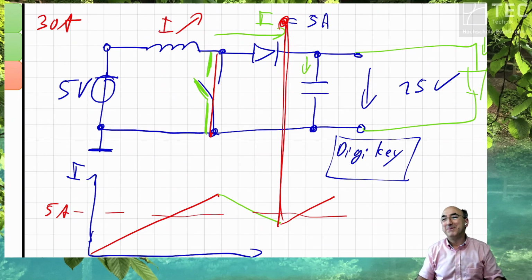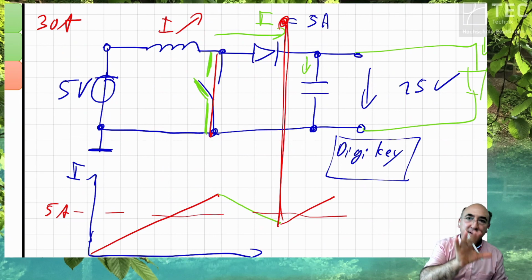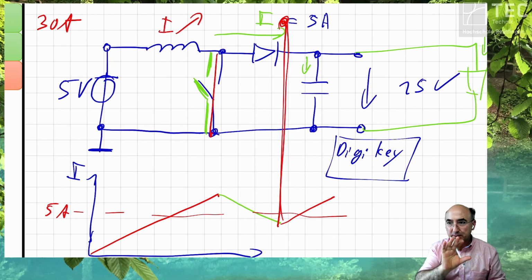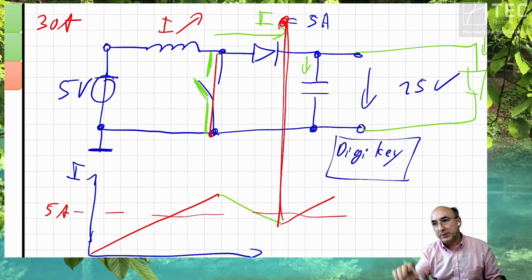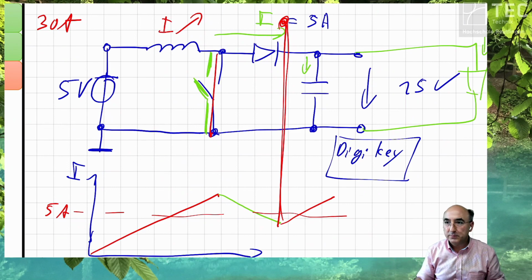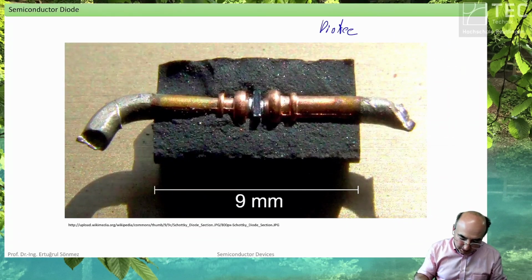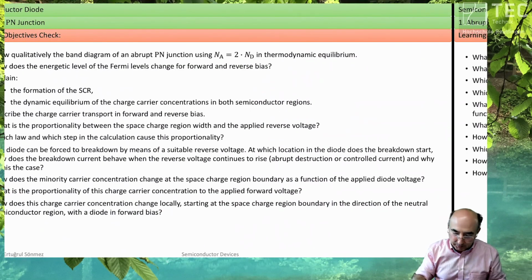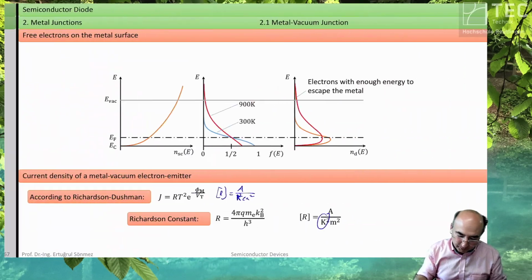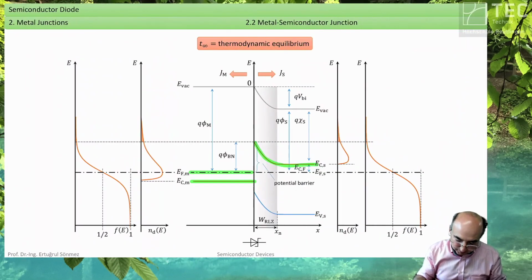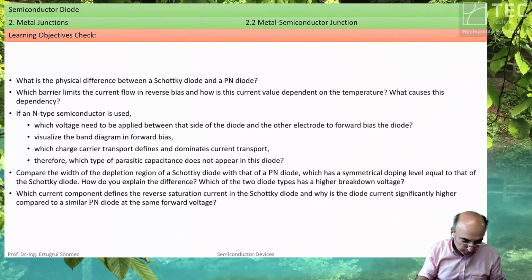Yeah. Sorry. And then you see how much a comparable fast silicon diode costs compared to a silicon carbide diode. Do it yourself. It's not a topic of examination, but it's also very interesting for application.